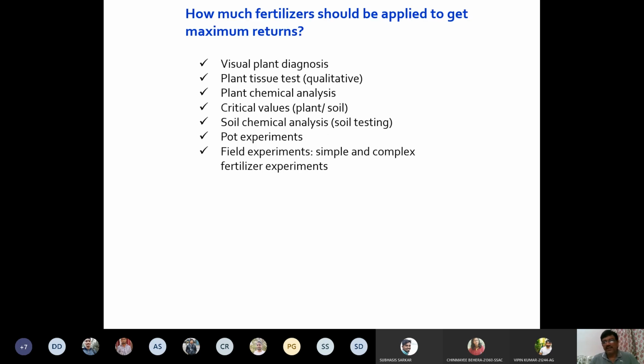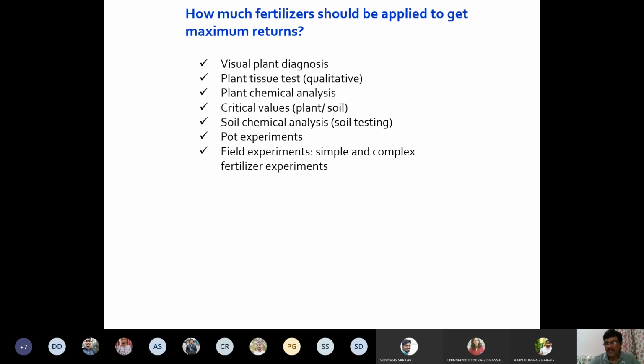So now it has definitely been a question: how much fertilizer should be applied? What are the optimum levels of fertilizers where you get the maximum returns per rupee invested? People tried visual plant diagnostics and deciding the deficiency symptoms, but it cannot guide you how much fertilizer should be applied.